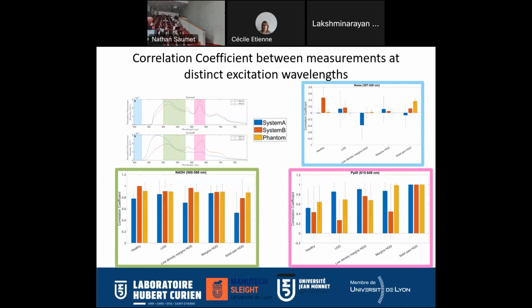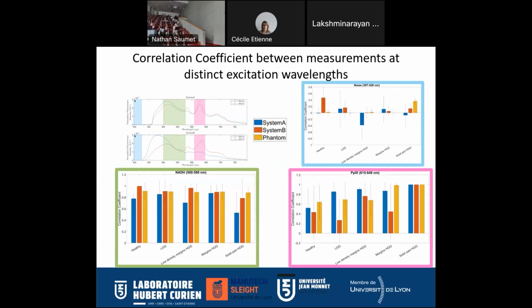In addition to that, we are also able to see on the graph on the right side that the correlation coefficient related to protoporphyrin 9 tends to 0, or at least to a lower value, for the phantom and system B compared to system A. What does that mean physically?